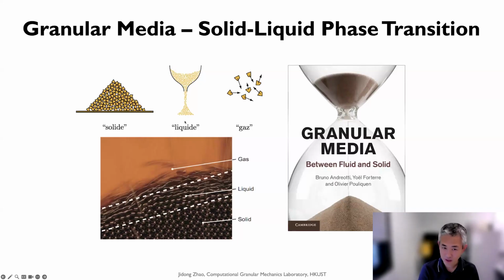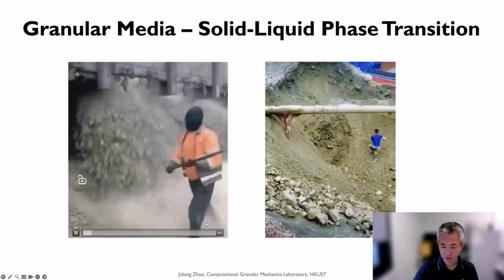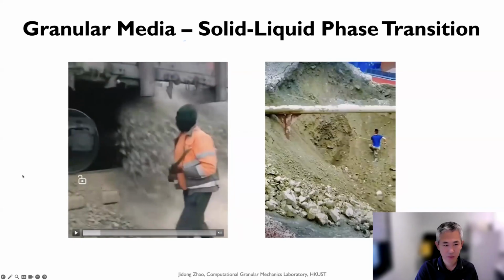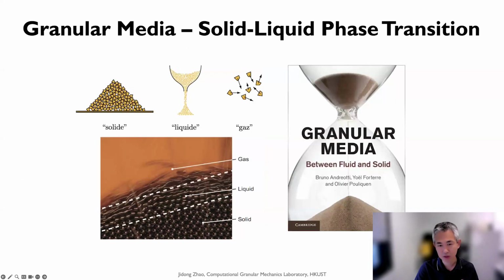And then we can really observe a transition, for example, a gas-like, liquid-like, and solid-like state, when we have sliding cases. So this is a typical showing of this solid-liquid phase transition here, as one example.